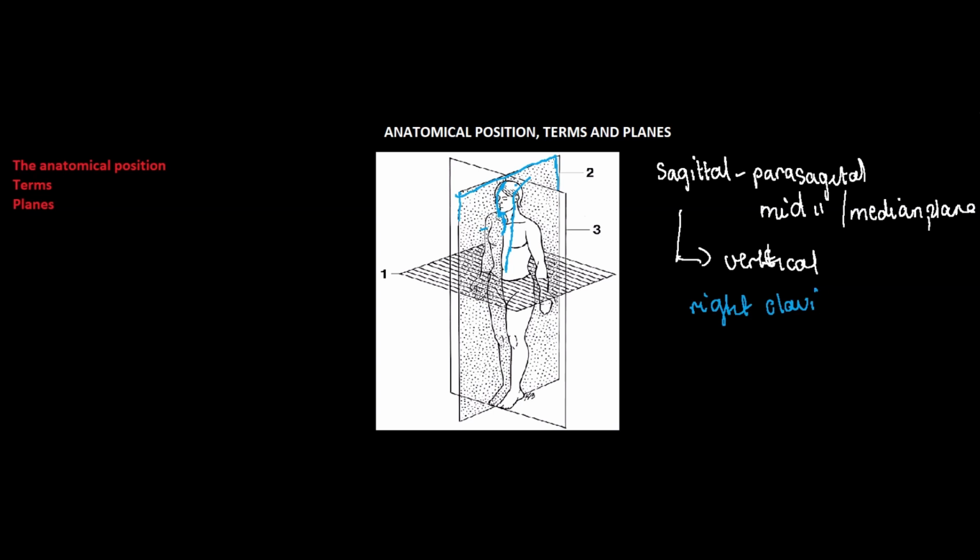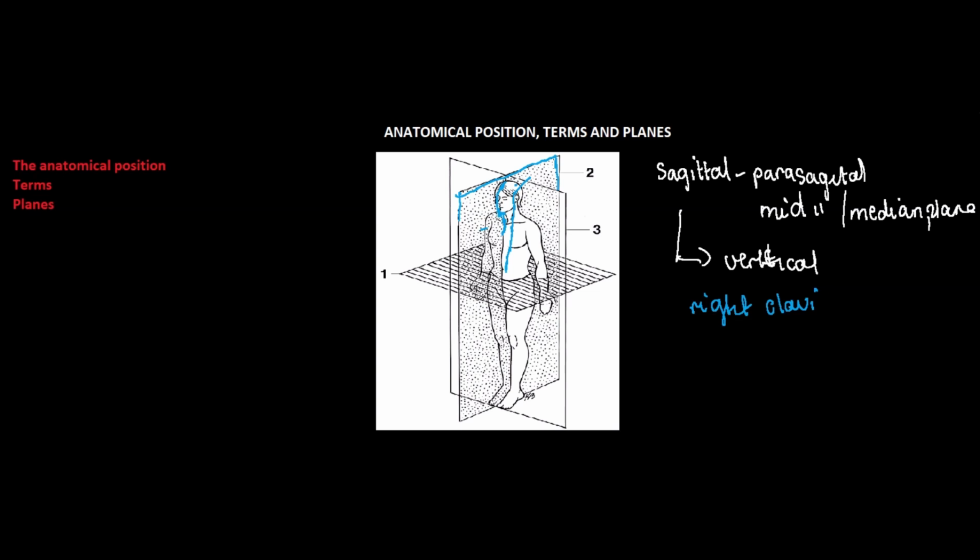Such a plane would be referred to as a midclavicular plane, a midclavicular parasagittal plane. This parasagittal plane is going to divide the body into a larger left side as compared to the right side.